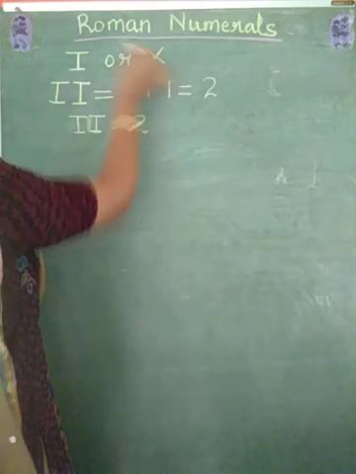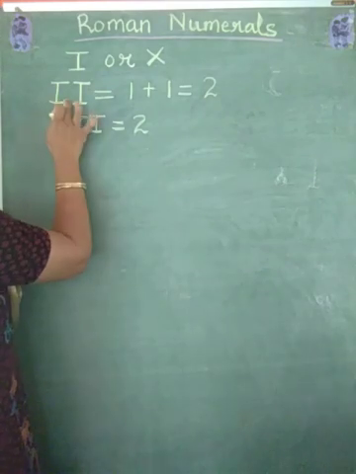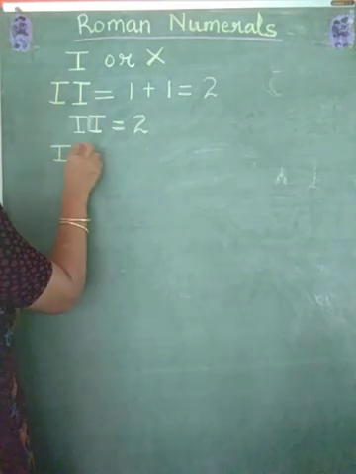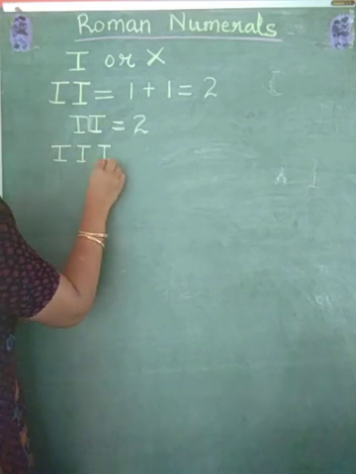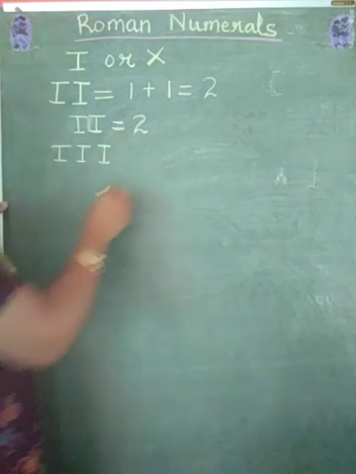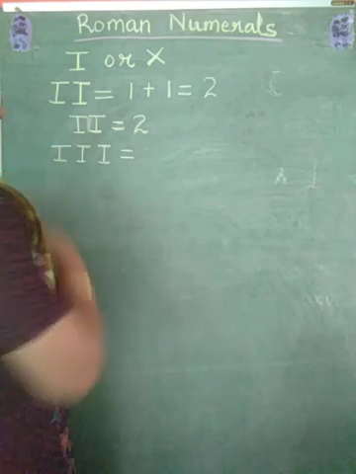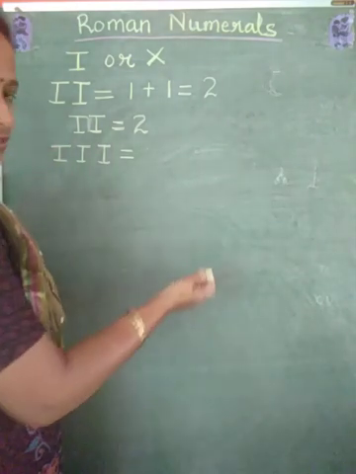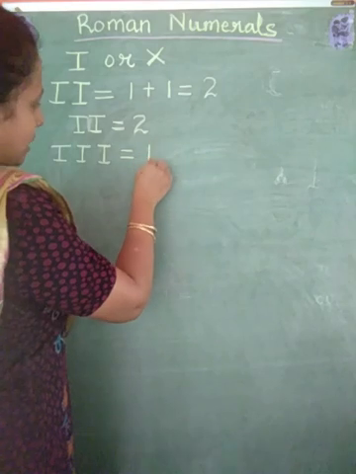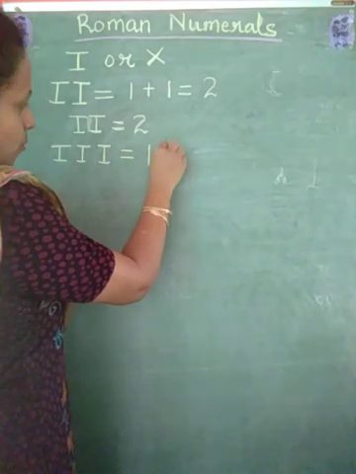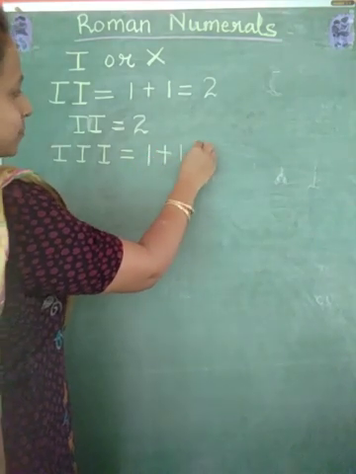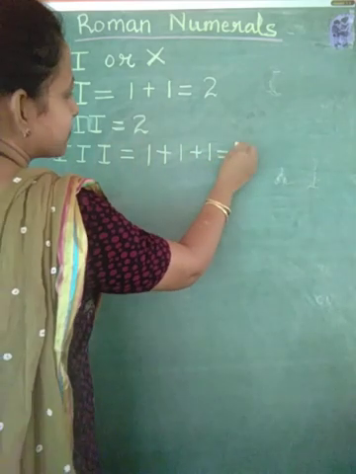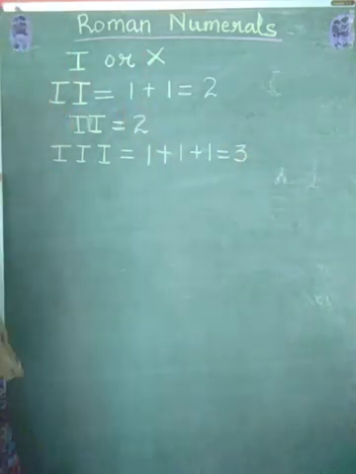Now let us try to write this letter 3 times. I I I. Can anybody tell me what will be its total? Let us try to add it. 1 plus 1 plus 1. Yes, you are right. The total is 3.